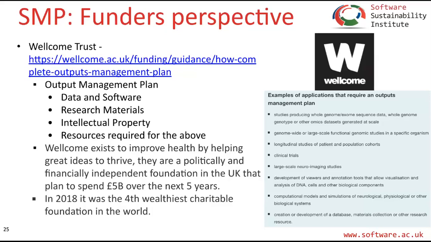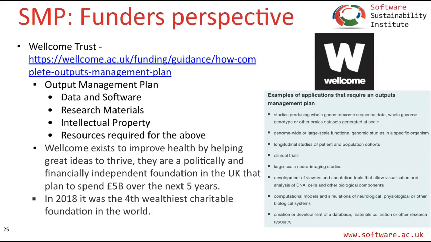So they've had some very forward-thinking policy guidance in the area of output management plans. So for them, output management plans would include data and software, would include research materials, for example, for lab-based experiments. We'll talk about intellectual property and how that would be assigned, and perhaps even how that might be exploited.